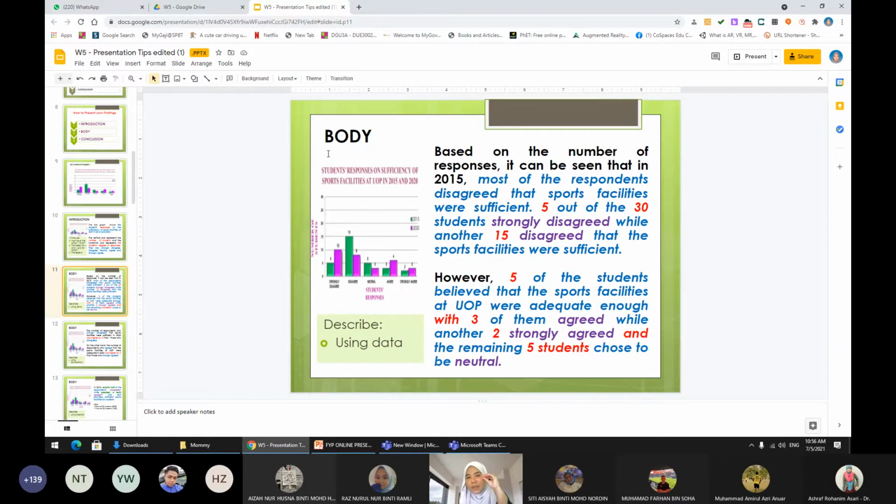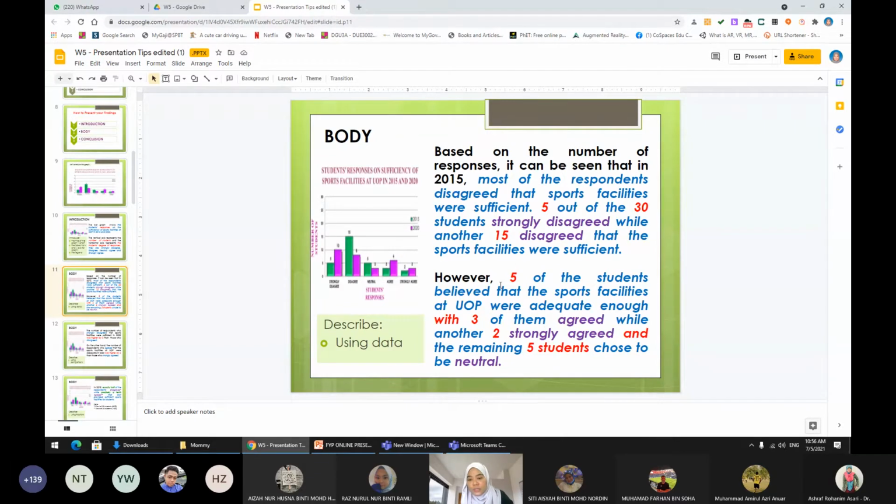That means you analyze the data. Based on the number of responses, it can be seen that in 2015, most of the respondents disagreed. After you have analyzed, you have your data, right? Then you mention, 15 disagreed, 5 strongly disagreed, and then the comparative part.